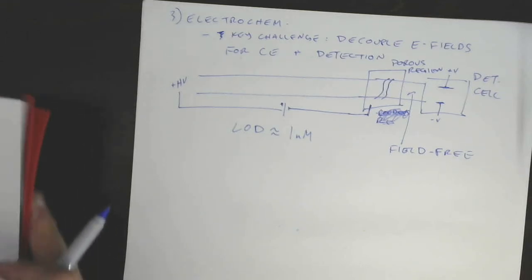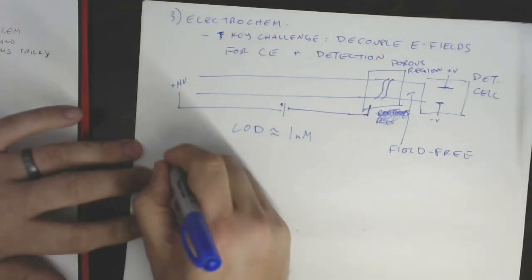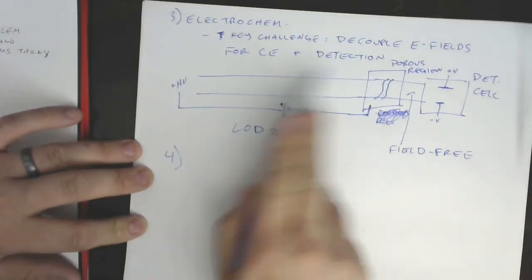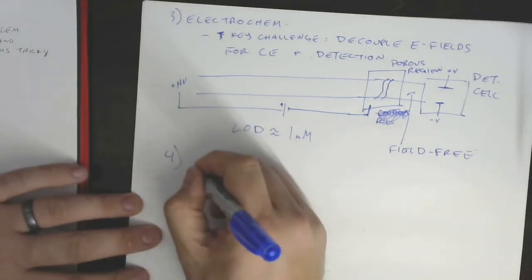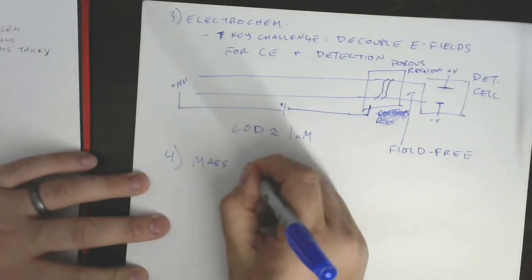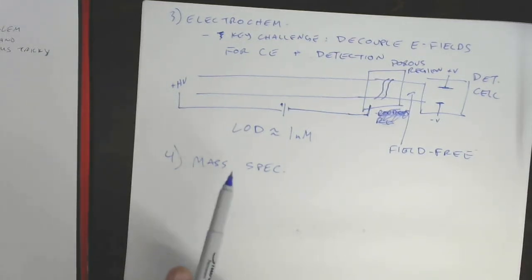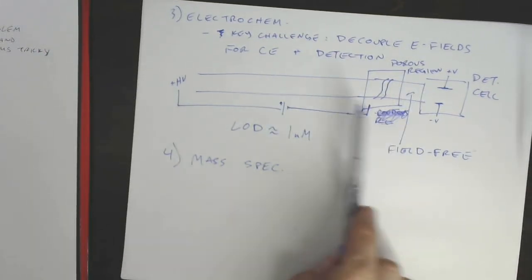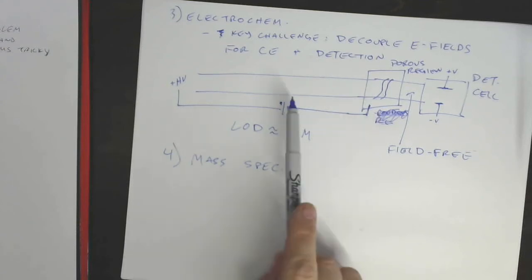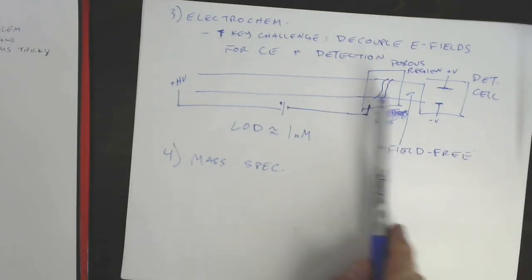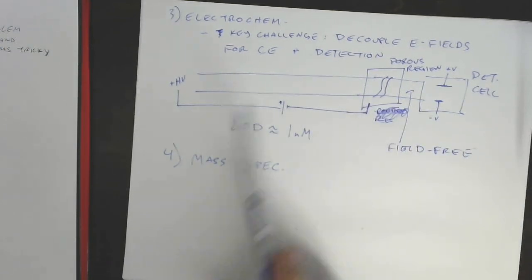Okay, the last detection mode shares in common this need to decouple the fields. The last would be mass spec. And we're not going to throw out any schematics or anything because, again, the key challenge here is doing the same thing, isolating or decoupling these two fields from each other.